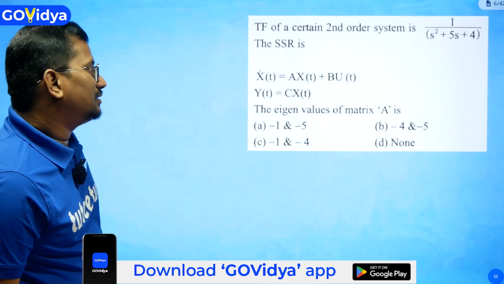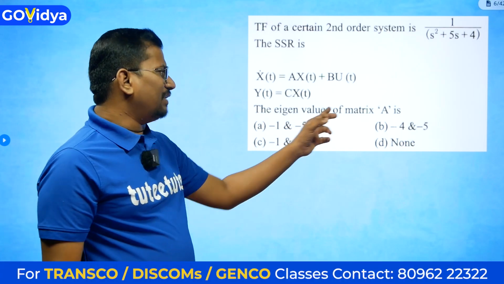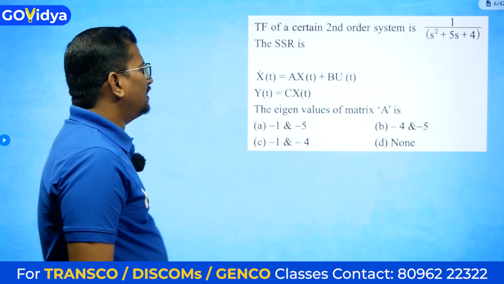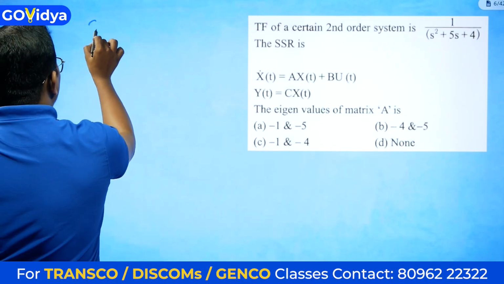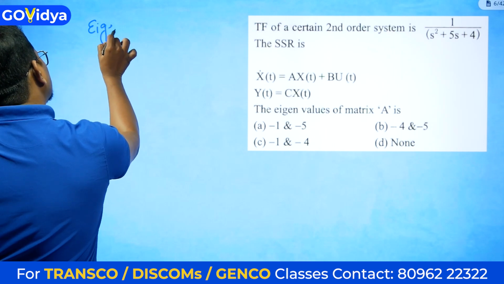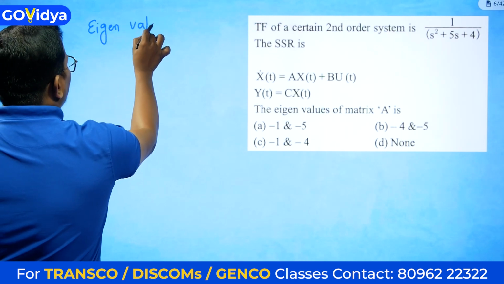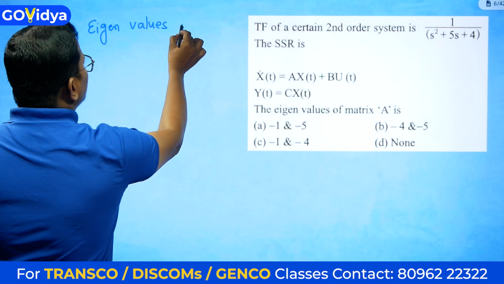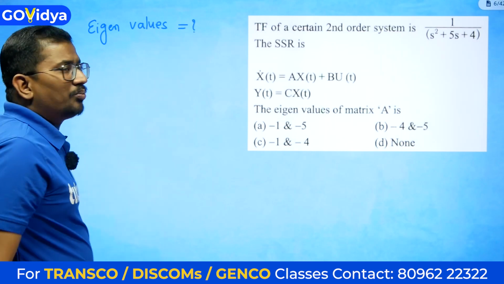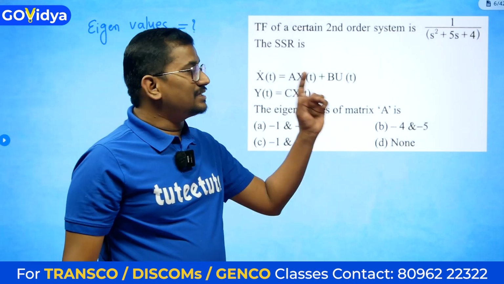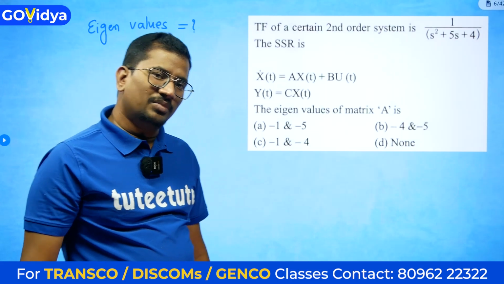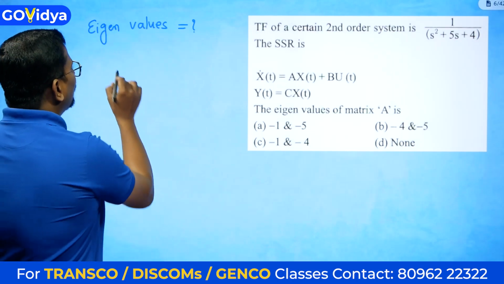Now let us see this thing. What are they asking? Eigenvalues of the matrix. Generally, eigenvalues are nothing but the poles of the characteristic equation. Characteristic equation poles are nothing but eigenvalues. So what are the roots of it?